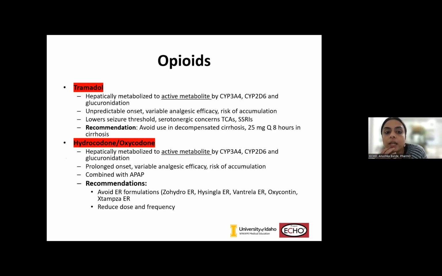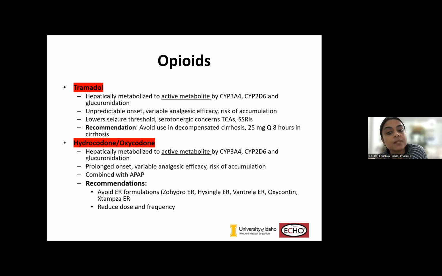So tramadol is hepatically metabolized to an active metabolite by CYP3A4, CYP2D6, and glucuronidation pathways. And so the onset is unpredictable, the analgesic effects are variable, and there is risk of accumulation. Also, tramadol itself can cause seizures, especially in patients who have a history of seizures, and it lowers the seizure threshold.